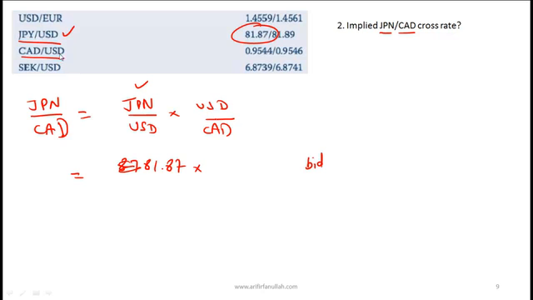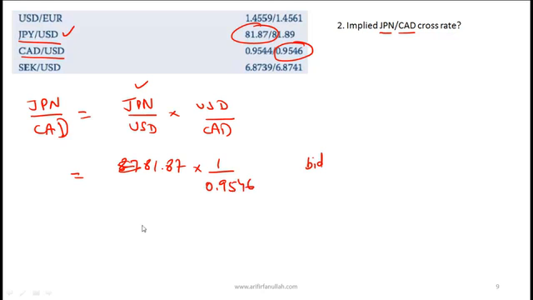So USD to Canadian, remember we need to find the inverse over here. To find the inverse for the bid, we need to find the USD Canadian bid, we need to get the reciprocal or the inverse of the offer. So we will multiply by 1 over 0.9546.